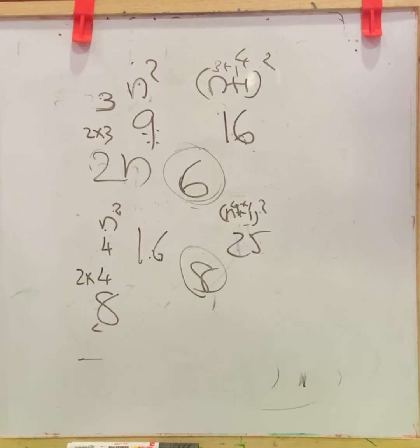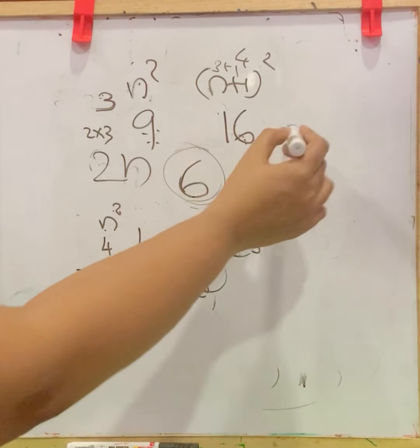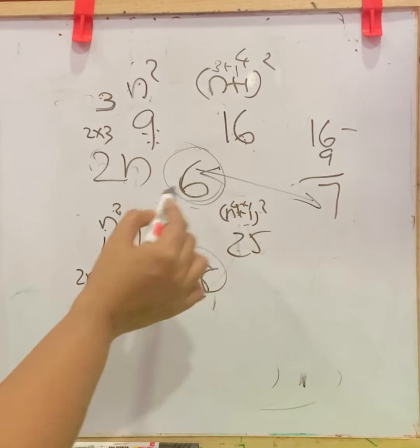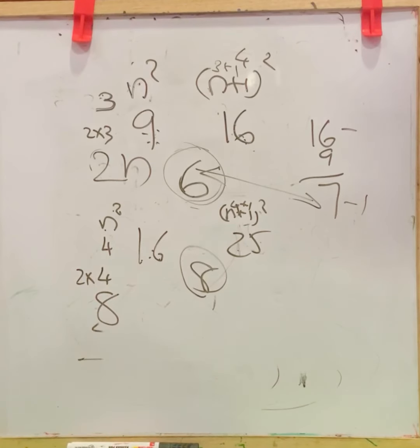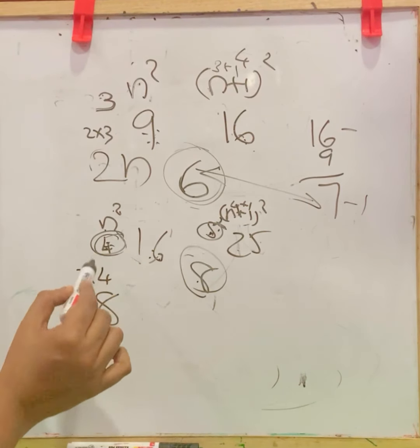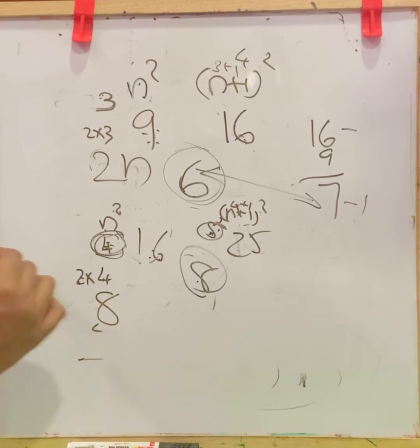Also, there is a relation with the difference of these two numbers. What is the difference of 16 and 9? 16 minus 9 is 7, and the relation is 7 minus 1. Considering the number 8, the relation is 2 into the first number, that is 2 into 4.